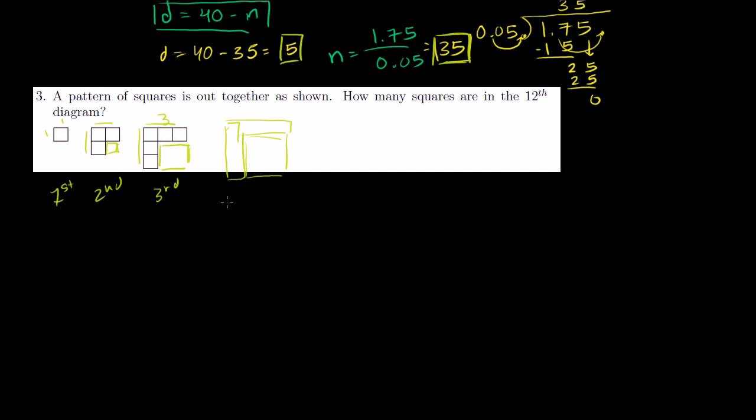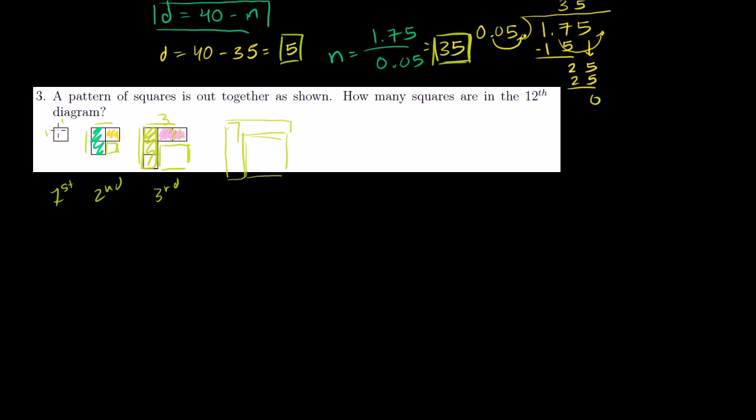So one way that we can describe the number of squares, actually the easiest way, is, look, I have 3 here, and then I have 3 minus 1 over here. Here I have 2, and here I have 2 minus 1.